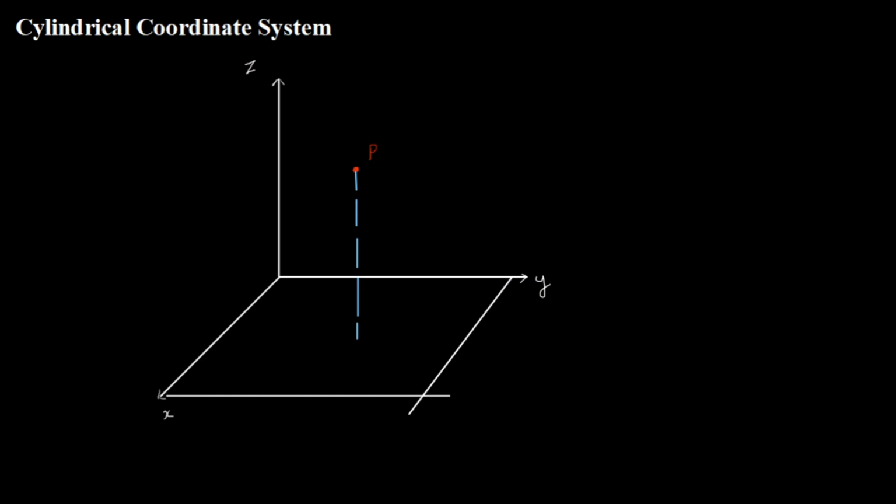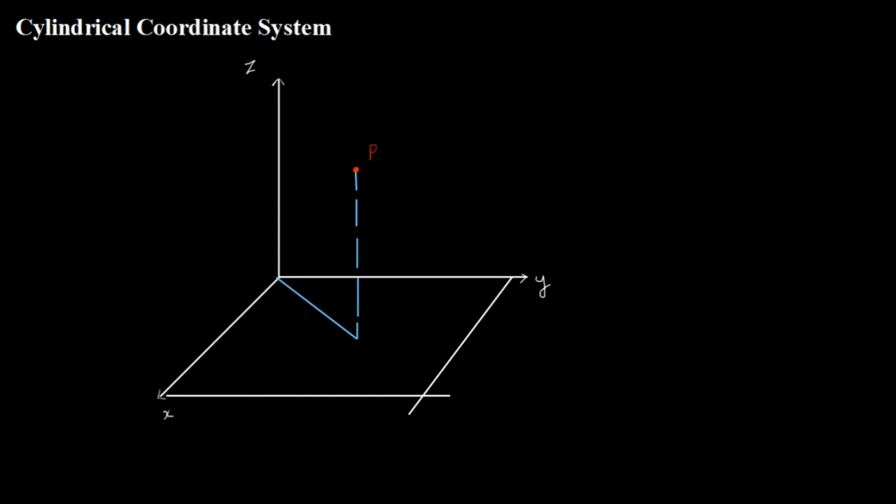So, from the exact location of point P, I drop a perpendicular to the nearest plane, here the xy plane. After that, from the origin I draw a line to the point where this perpendicular touches the xy plane.